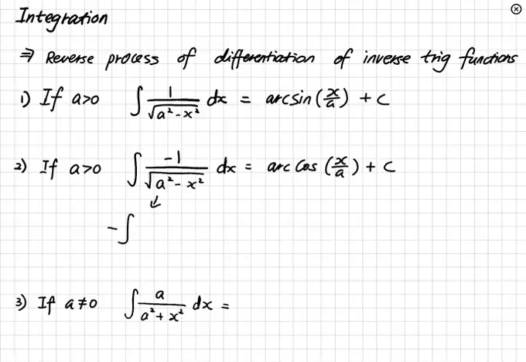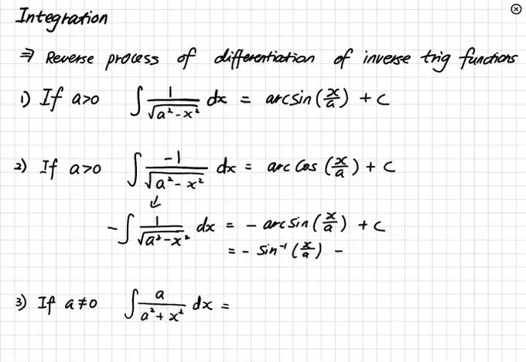So therefore I have negative integration of 1 over square root of a squared minus x squared of dx. Now this is same as negative arc sine of x on a plus c. Now please remember this arc sine is actually same as the sine inverse. And in this video, I'm actually using arc sine, arc cos, and arc tangent a lot.